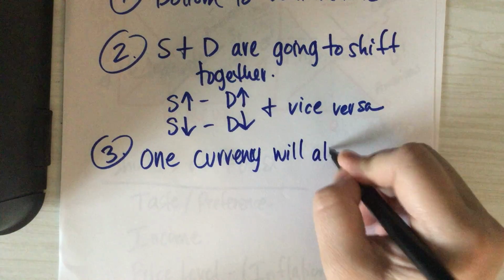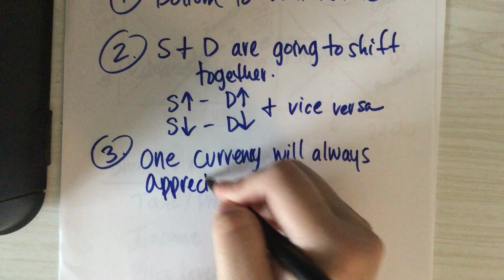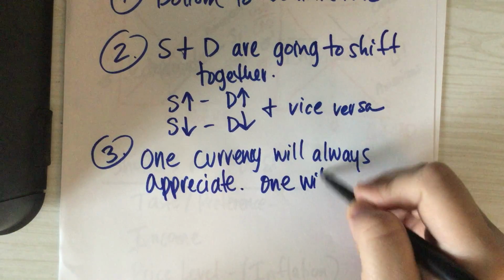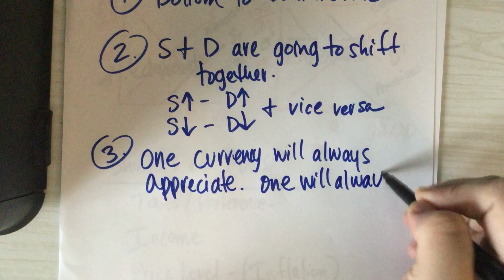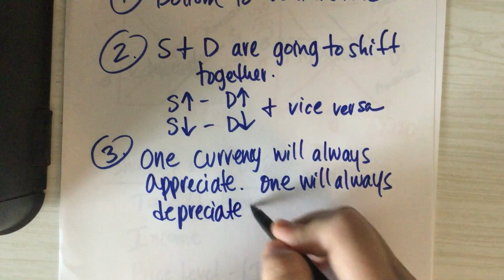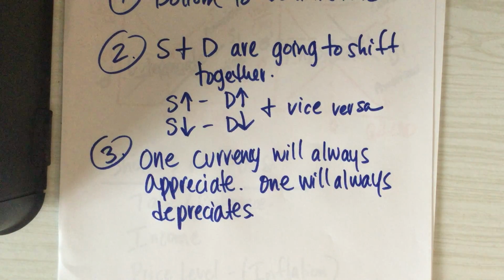The third rule that I want you to also add is that one currency will always appreciate, and one will always depreciate. So let's say that you work out your shifts, and both currencies are appreciating, or both currencies are depreciating, then you know that you've done something wrong.